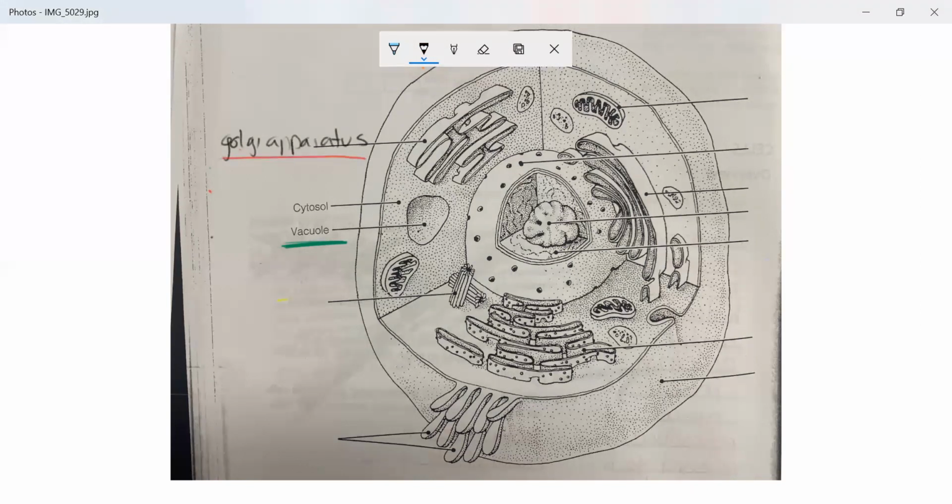Over on the right, we have the mitochondria. And I would like you to make that brown. And notice that you have 3 of them in the cell, here, here, and here. So be sure you color all of them.